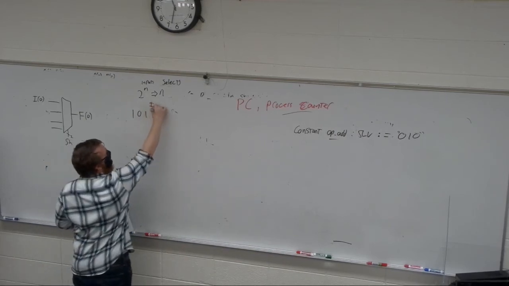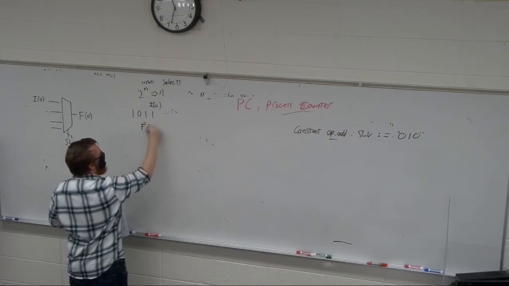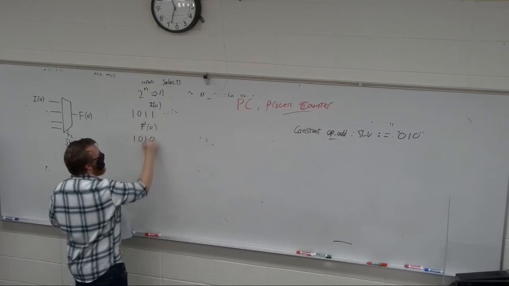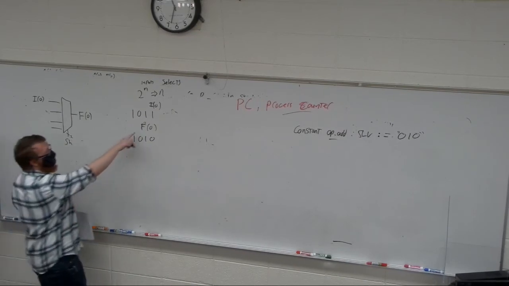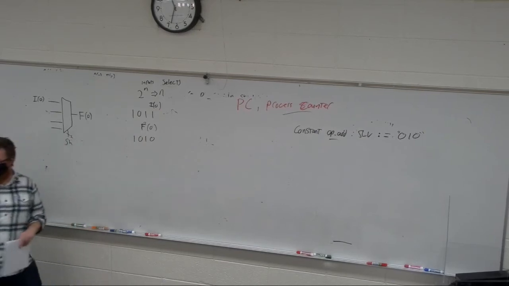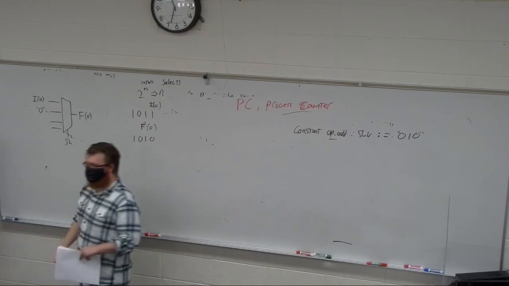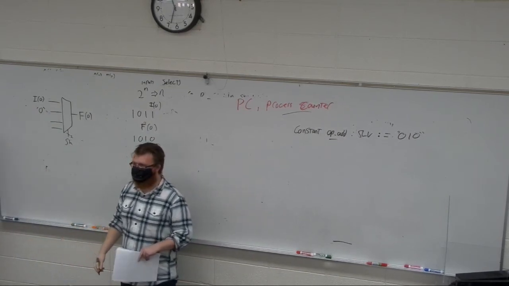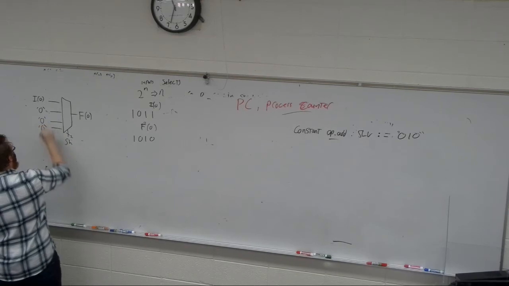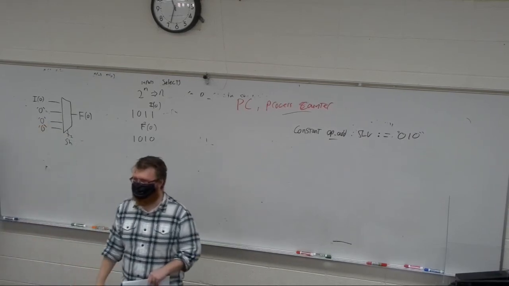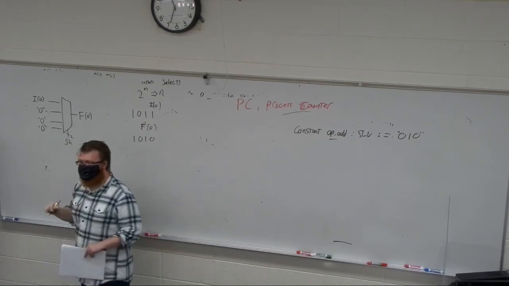This is I at 0, and F at 0 should fill with zeros. If I shift by 2, I'm still going to fill with zeros. By 3, still going to fill in the zeros.